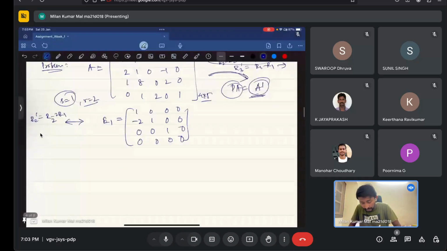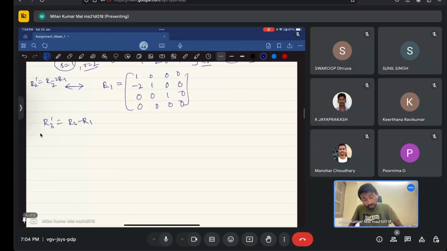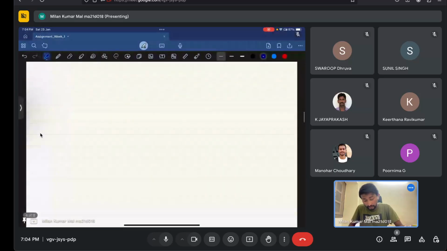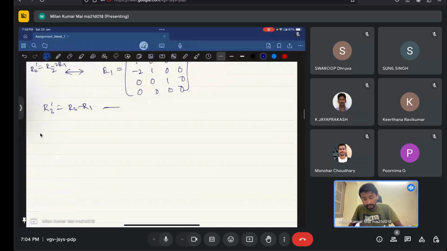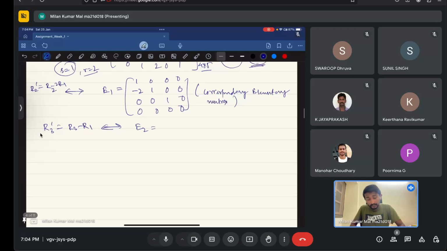Now corresponding to the second operation, that is R3 dash equals R3 minus R1, replace row 3 by row 3 minus R1. So what will be the corresponding elementary matrix?